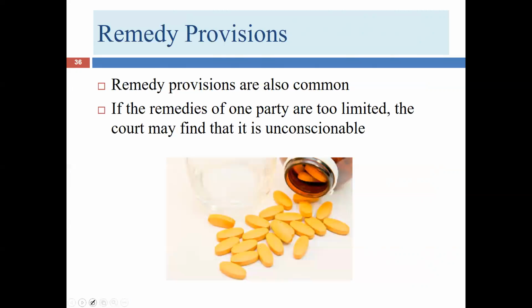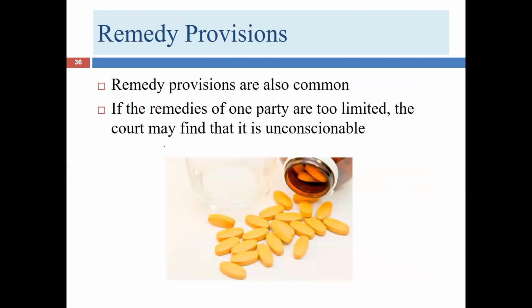And the court's not going to get involved in a lot of second guessing, because the court knows nobody has a crystal ball. Did that seem reasonable under the circumstances? That's the test the court is going to apply. If the remedies are really, really generous to one side or super limited to the other side, then that could be a situation where the court could find it unconscionable.